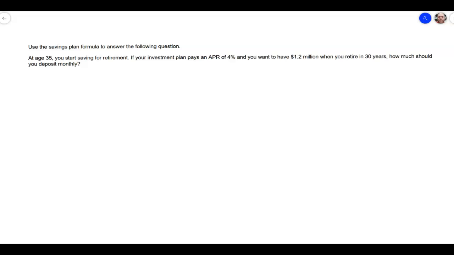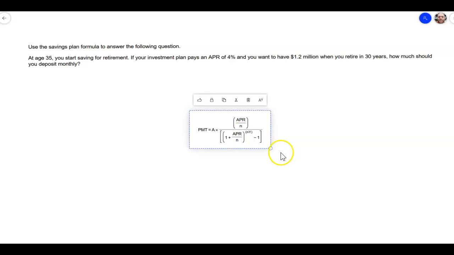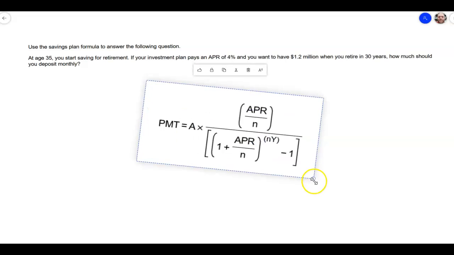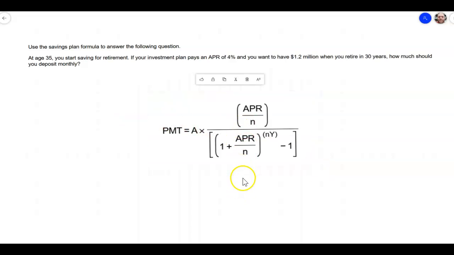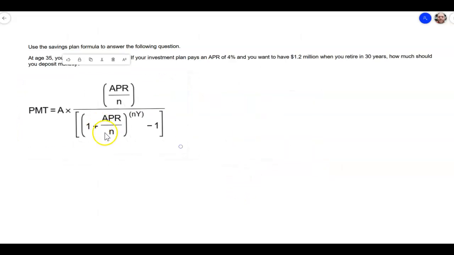So first we have to know what the formula is, and that is right here. Let me make that a little bit larger. It's a complicated formula, so we need to take our time and identify these variables. The payment is what we're solving for, that's our monthly payment.